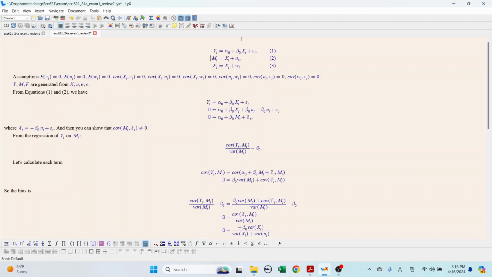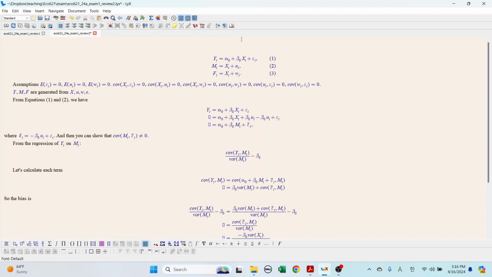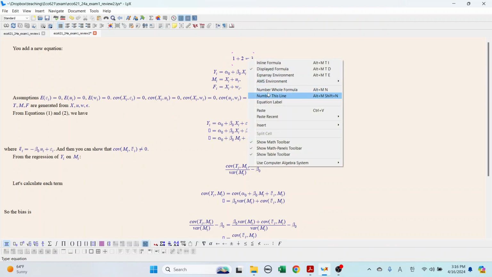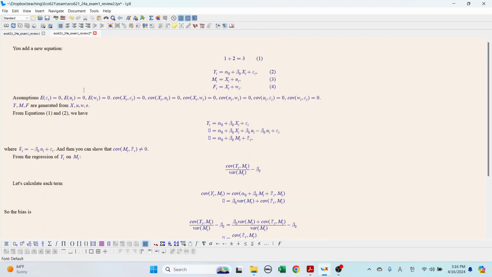But the problem is, later when you edit your dissertation and your paper, you add new equations like something like this, and you want to number this one too, and then this numbering is different from these numberings. Like I wanted to refer to the first two equations, which used to be 1 and 2, but now they are 2 and 3.